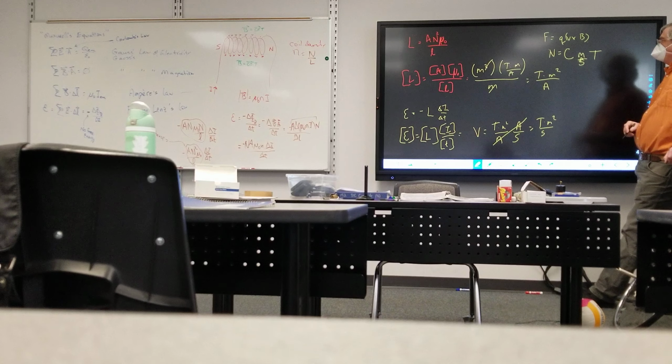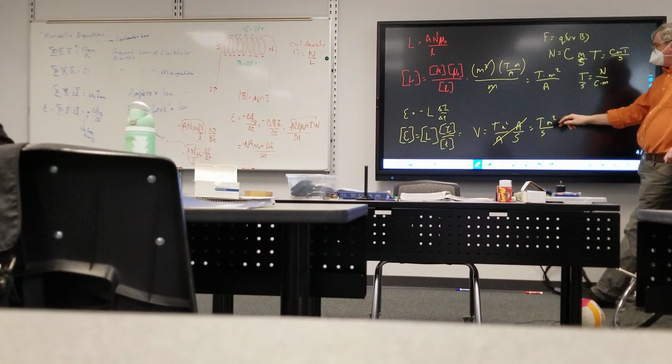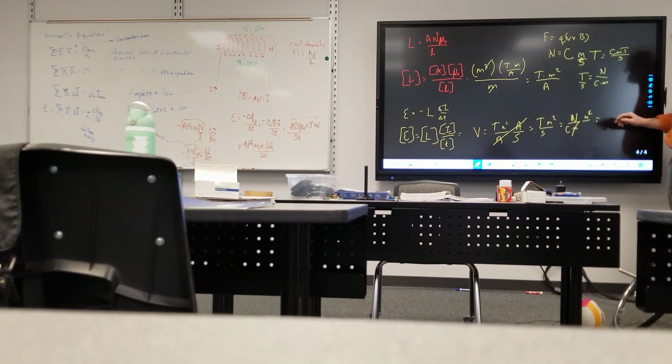So a Newton is a Coulomb meter per second Tesla, so therefore a Tesla per second would be a Newton over Coulomb meters. So if we plug that in for Tesla per second, we have a Newton over a Coulomb meter times meter squared. I'm left with Newton meters per Coulomb.